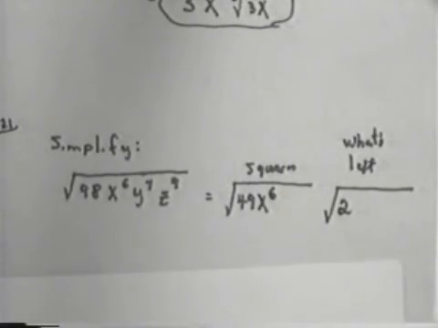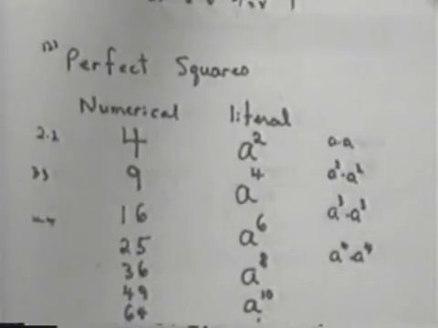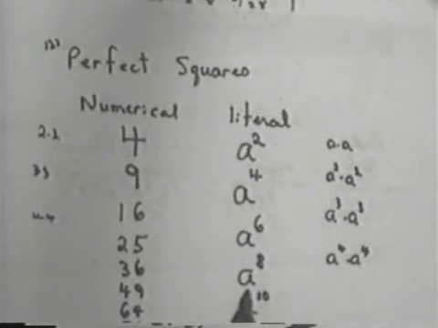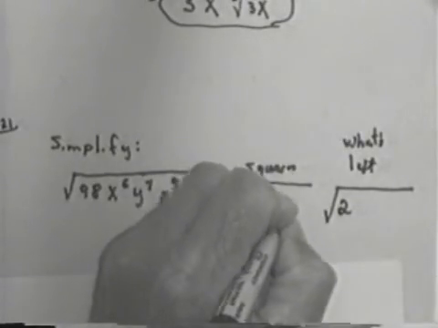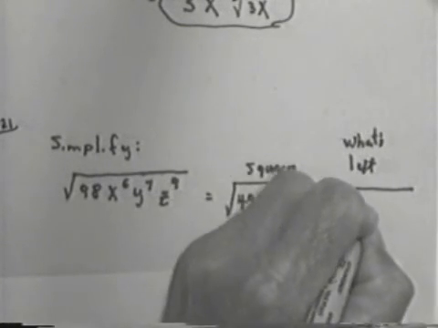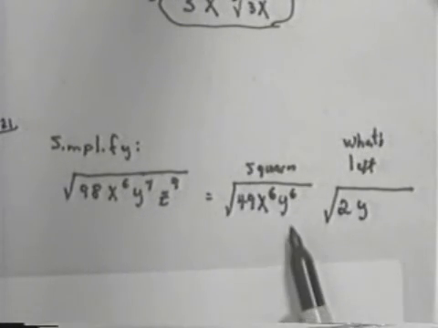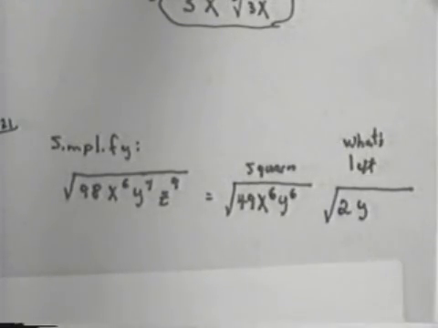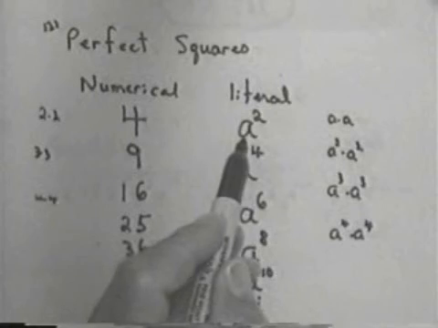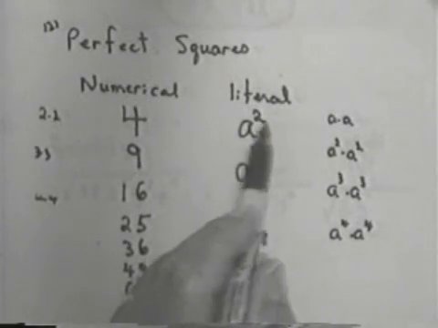Now I have y to the 7th. Okay. y to the 7th is not in the list, but y to the 6th is. So I can write it as y to the 6th times y. Notice you want to take the very largest square that you can. Now as far as y to the 7th, I could have said it would be y squared times y to the 5th.